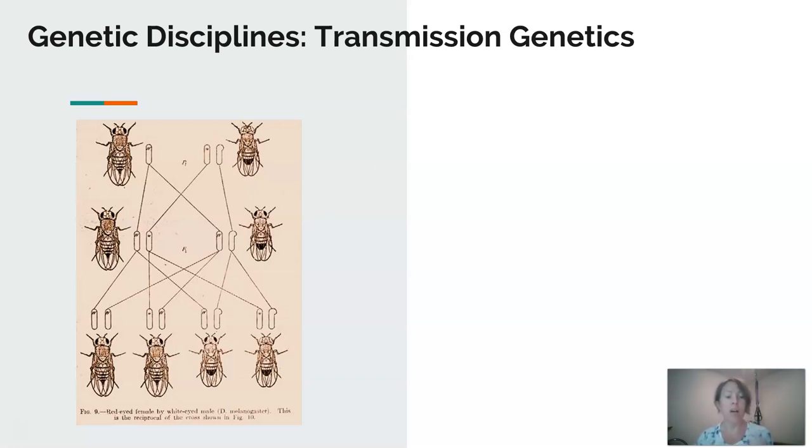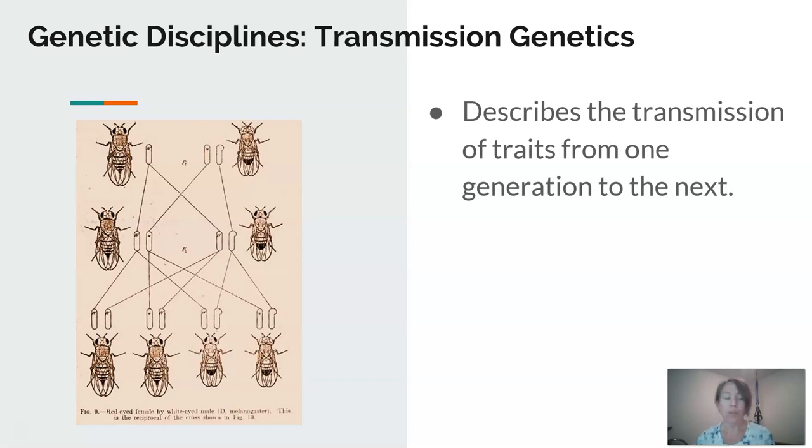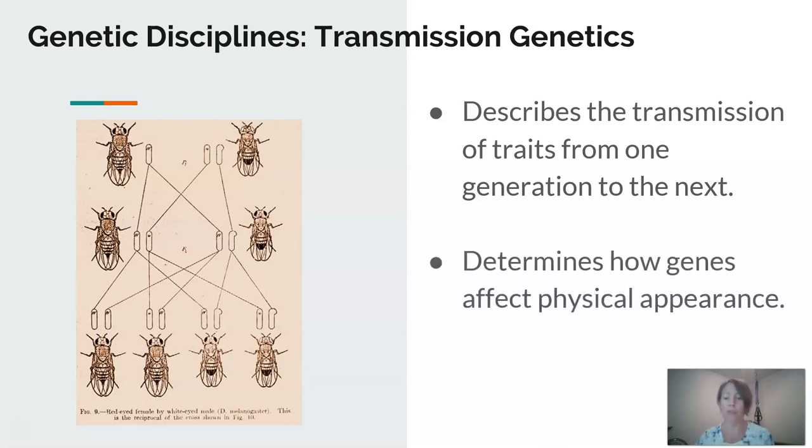It's the study of how different traits are transmitted through generations. This is the movement of traits from parents to offspring, and then when those offspring breed again to their offspring. It's studying how the genes are actually affecting the physical appearance of offspring.